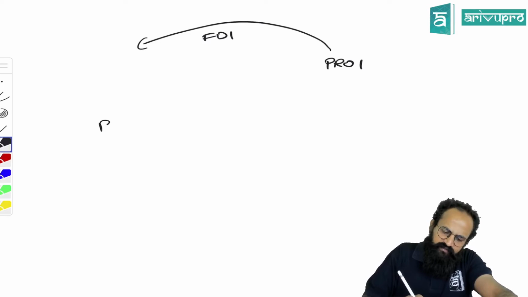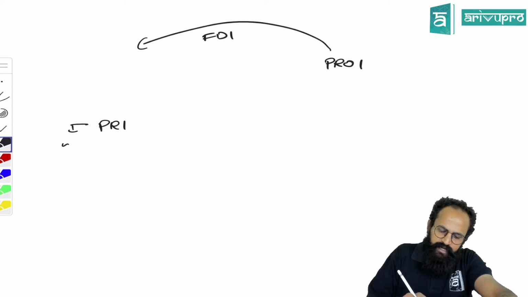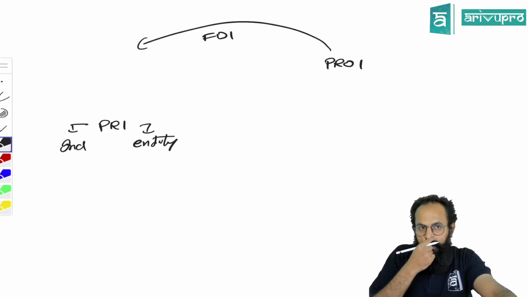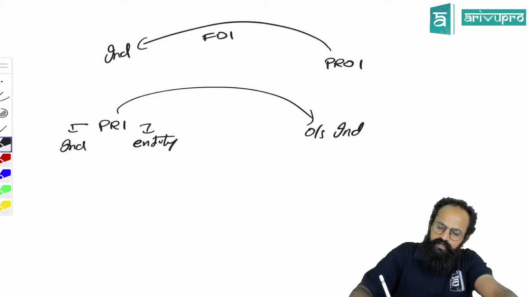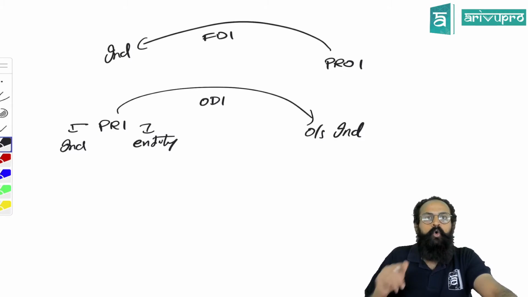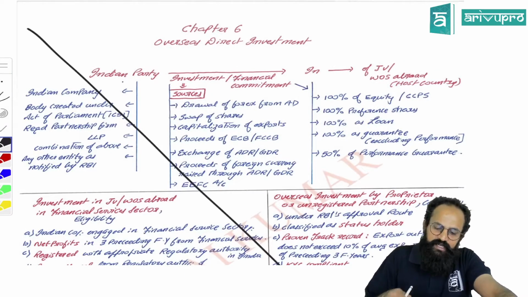In the same way, whenever a PRI, a person resident in India, which can be an individual or an entity like a company or an LLP, invests outside India, we used to term it ODI, Overseas Direct Investment. That is what was there in our previous class as well.